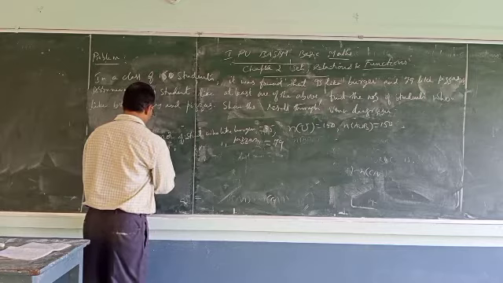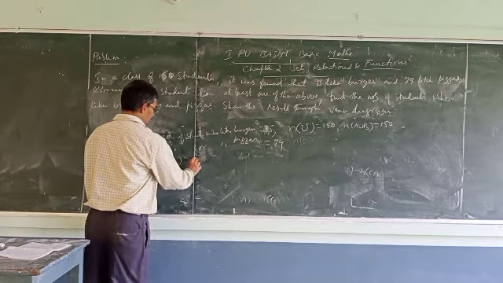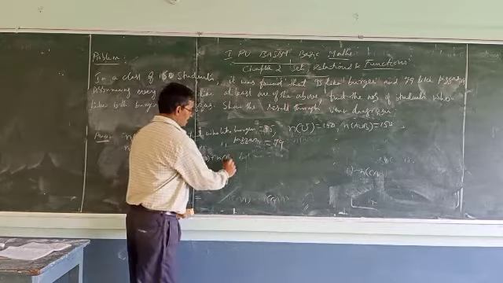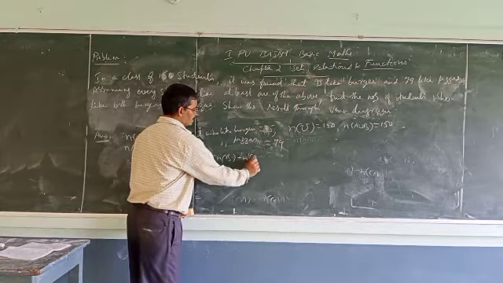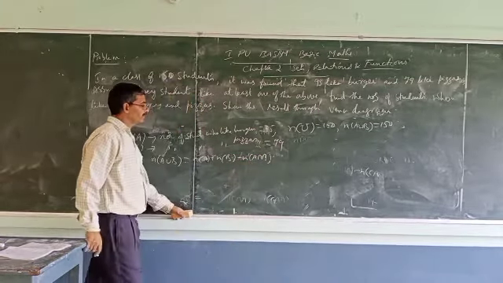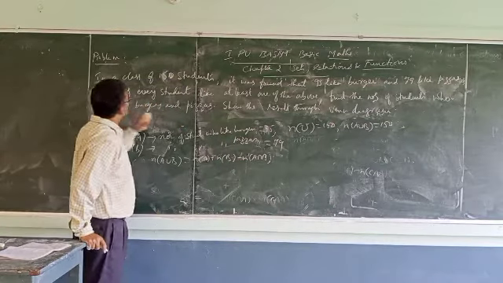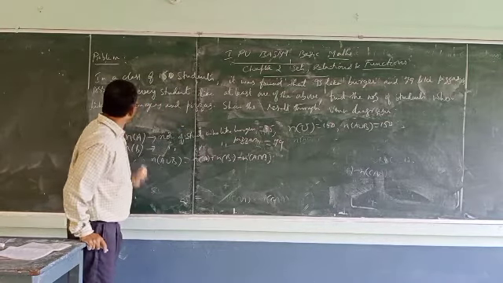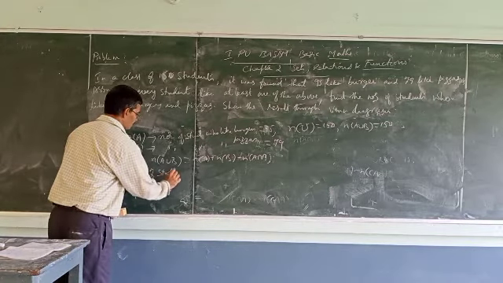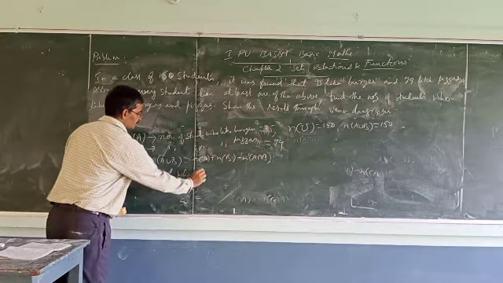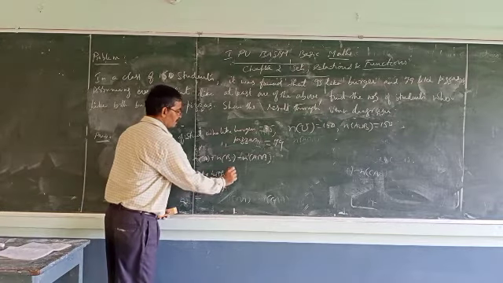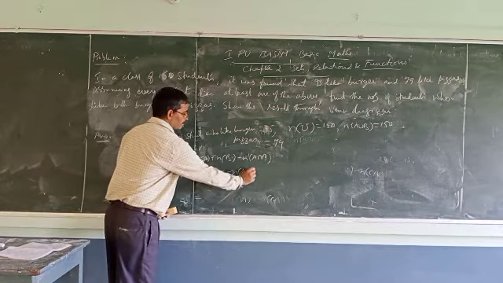N of A union B equal to n of A plus n of B minus n of A intersection B. So n of A intersection B means the number of students who like both. Both means Burgers and Pizzas.